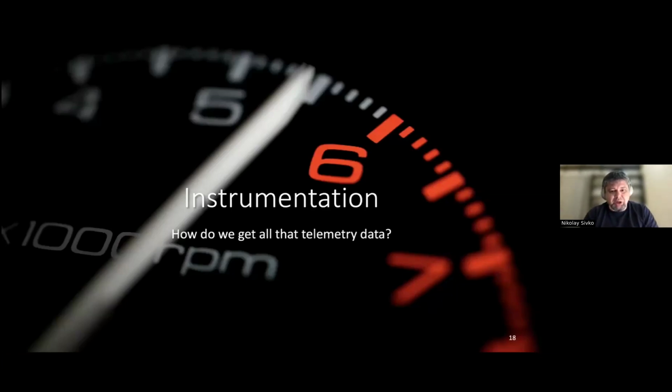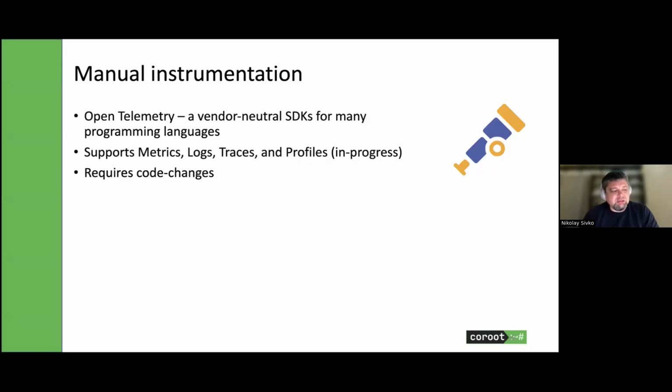Now let's talk about instrumentation, how we can gather all this telemetry data to be able to find answers using it. The first approach is manual instrumentation. We can add some timers to our code. We can integrate some ready-made solutions such as OpenTelemetry. OpenTelemetry is a vendor-neutral SDK for many programming languages.